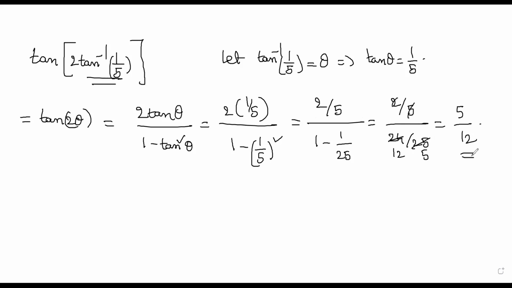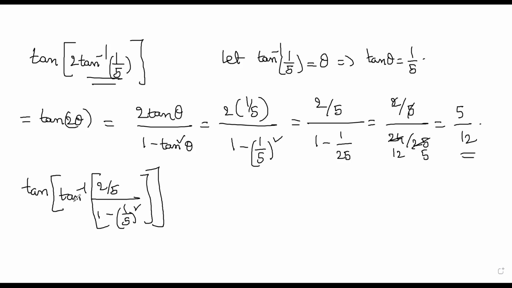That's how. The other way of solving the same problem is like this. 2 tan inverse x is tan inverse of 2x divided by 1 minus x square. So it's the same: 2x divided by 1 minus x square, with 1 minus 1 by 5 whole square. This is like doing it in one step.